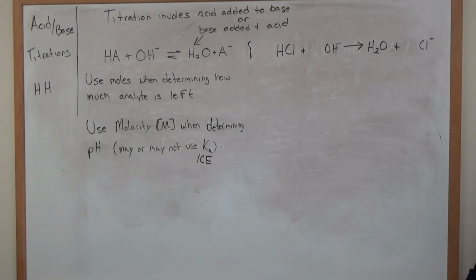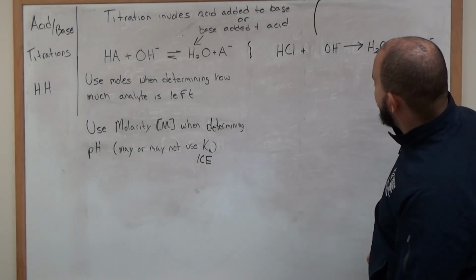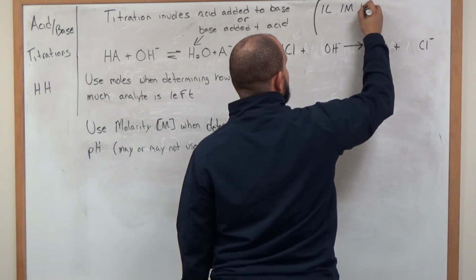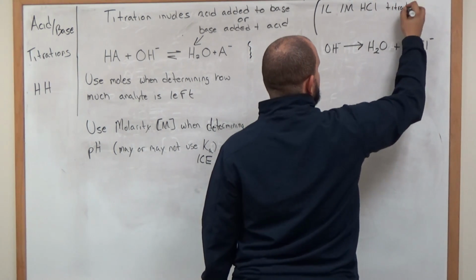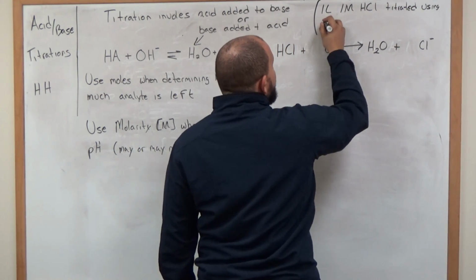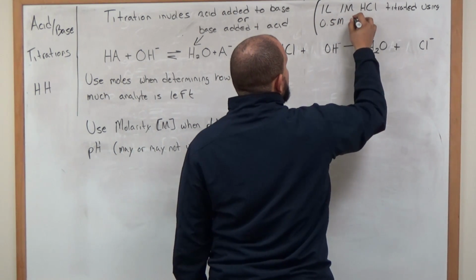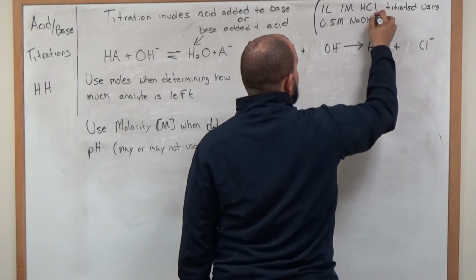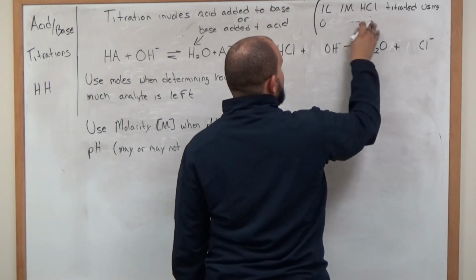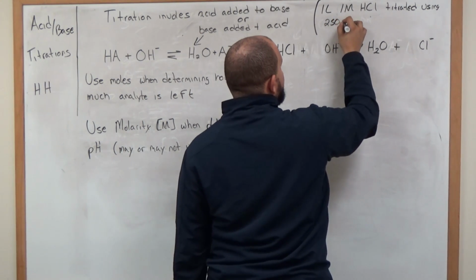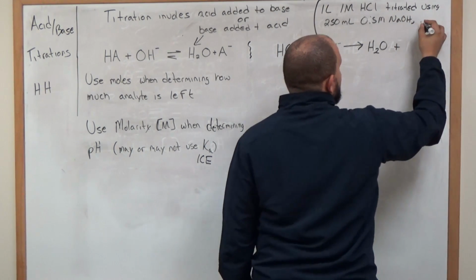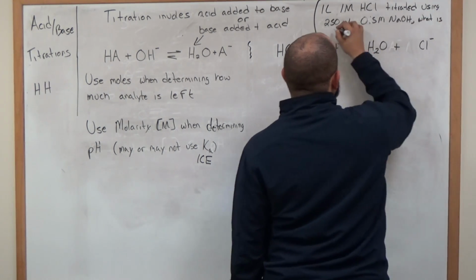Okay. If I was to tell you that you had a 1 liter, 1 molar solution of HCl titrated using a 0.5 molar solution of sodium hydroxide, and you added 250 milliliters of a 0.5 molar sodium hydroxide, and you wanted to know what is the pH.